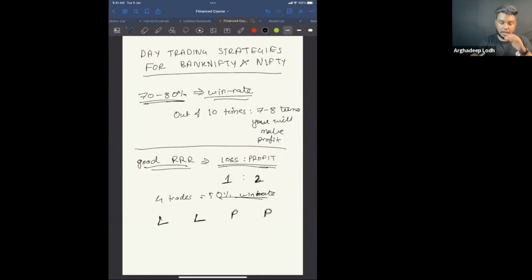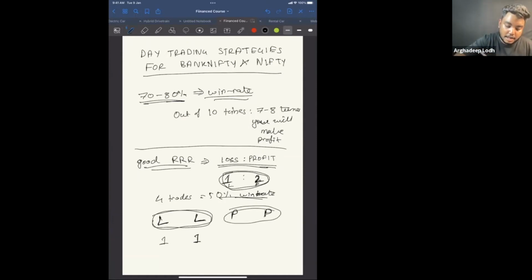Now, 1 to 2 risk reward ratio means you are risking 1 rupee to earn 2 rupees. Whenever your SL hits, you will make 1 rupee loss. But whenever you make profit, you are making 2 rupees profit.